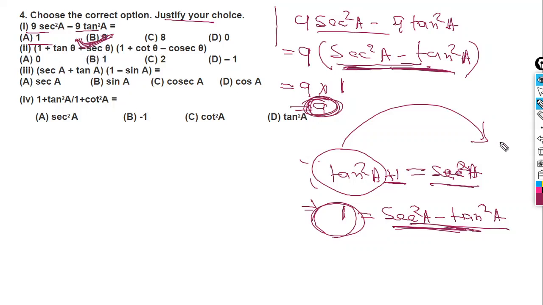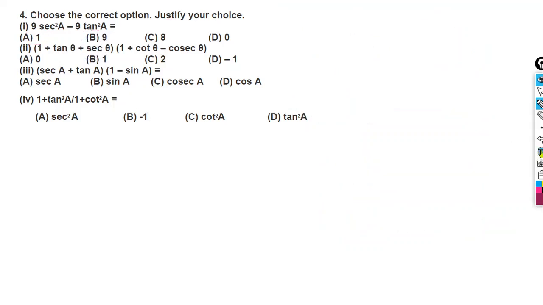Now we will move to part two. So part two is saying (1 plus tan theta plus sec theta) whole into (1 plus cot theta minus cosec theta) equal to dash. First let's find the answer.